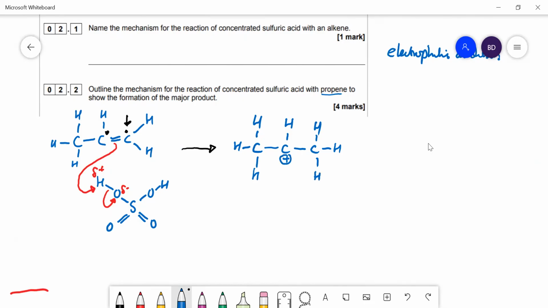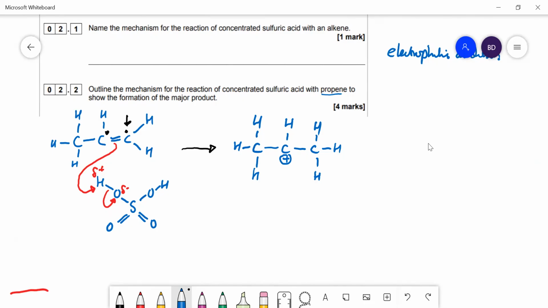That's a secondary carbocation because the carbon with a positive charge is attached to 2 other carbons. And if you remember, secondary carbocations are more stable than primary. You don't have to say that here, but they are. And that's why that forms more, and that's responsible for the major product.